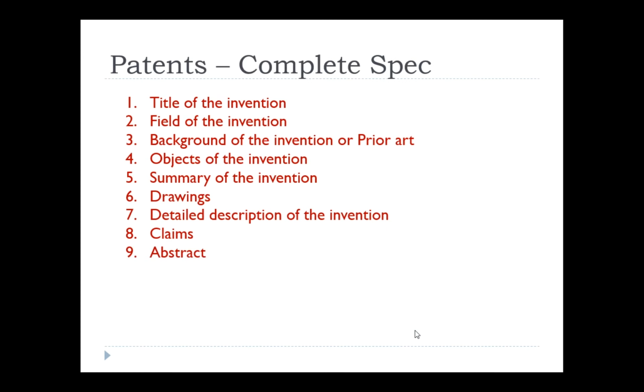Now we'll move to the important thing, that is complete specification. Actually, I didn't discuss complete specification in detail. Now I'll give you some glimpse here. The complete specification is valid for 20 years from the date of filing.